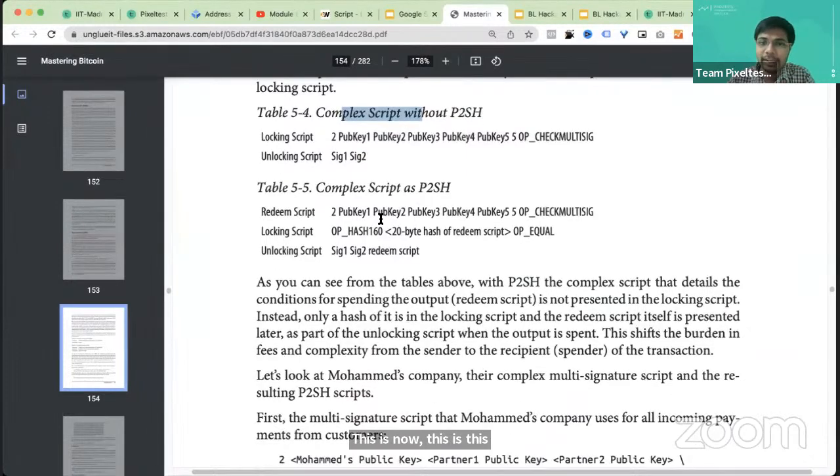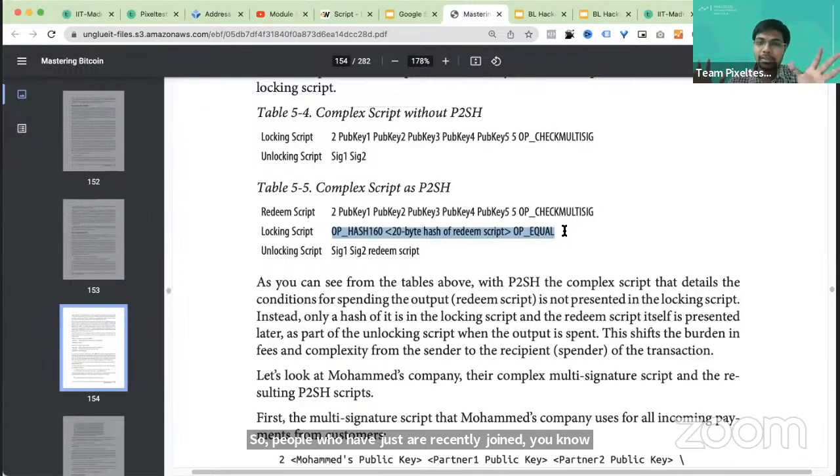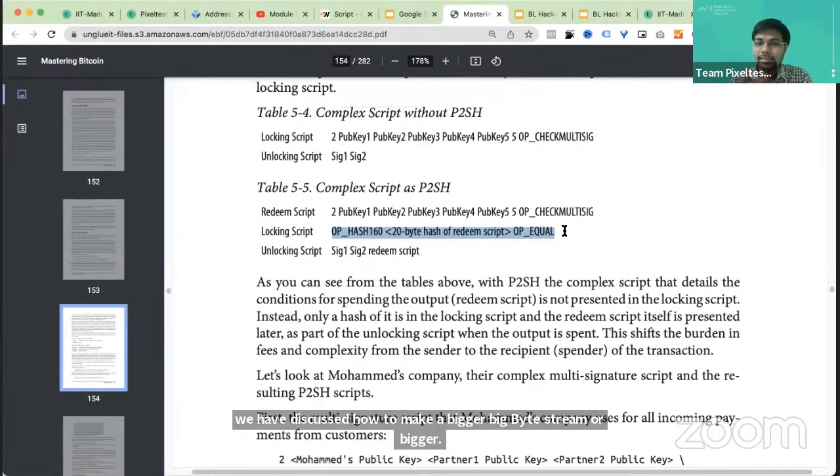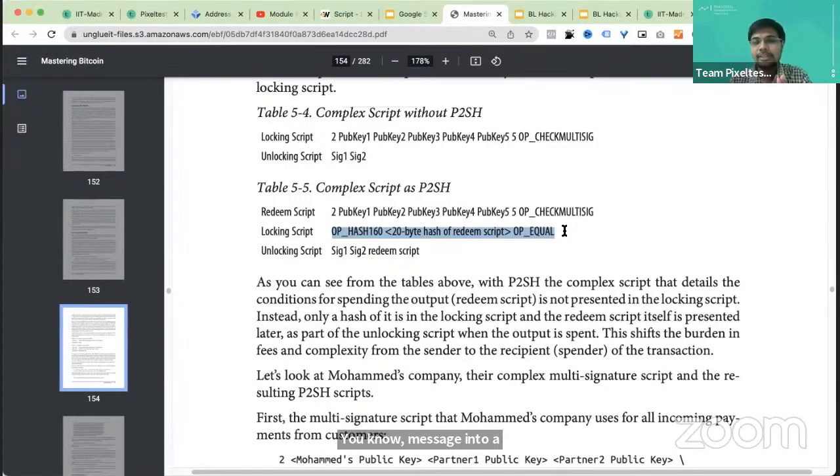Now what we can do here is, instead of trying to show this big locking script every time, we can try to simplify it by hashing it. So for people who have just recently joined, in our module 2, we have discussed how to make a big byte stream or bigger message into a fixed length string, which is called hashing, where you make it small, compressed, right?